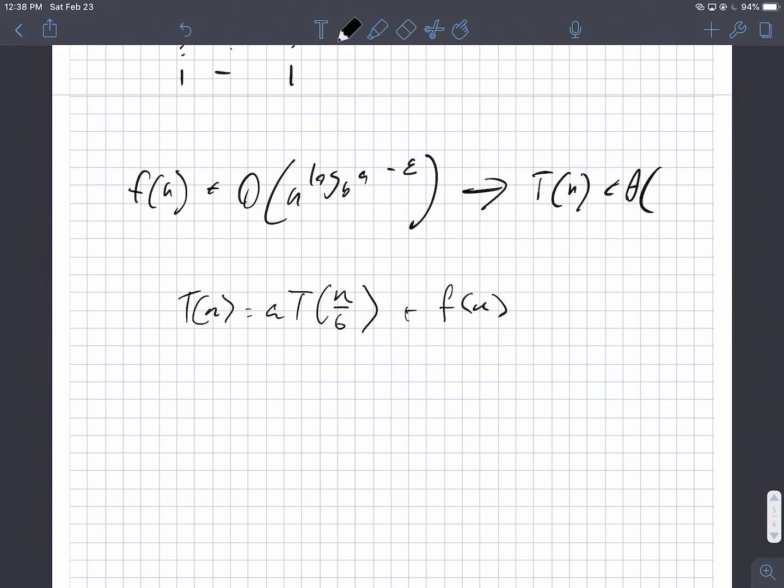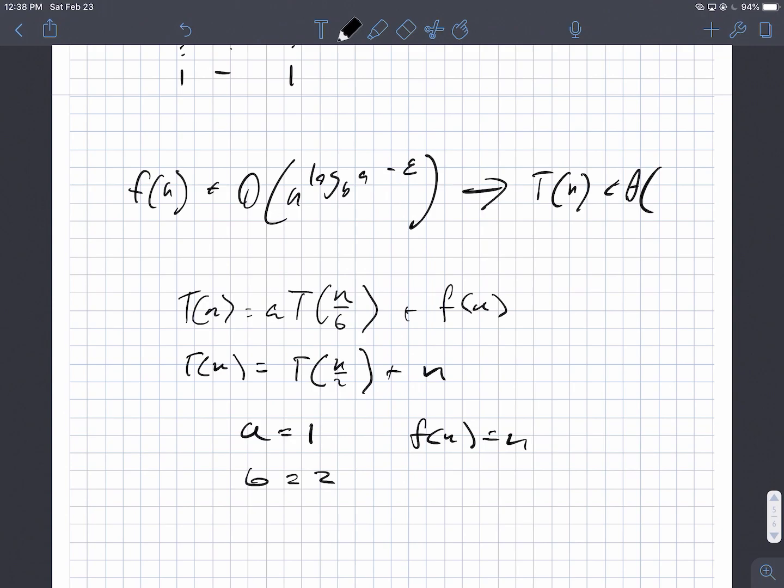The master method requires the recurrence be in this form. Now, just to rewrite the recurrence, we have T of n equals T of n over 2 plus n. So a equals 1, b equals 2, and f of n equals n.